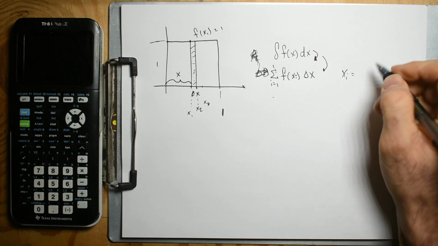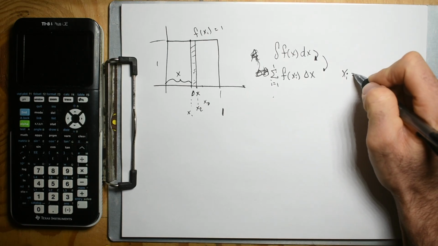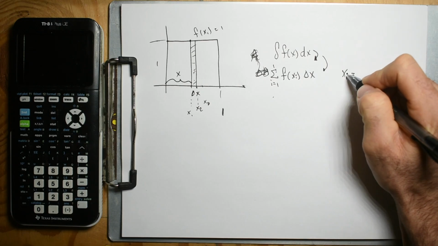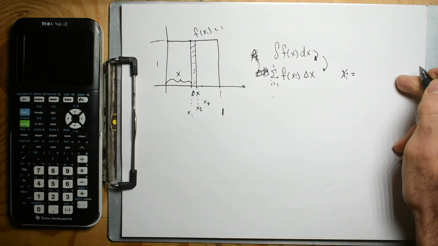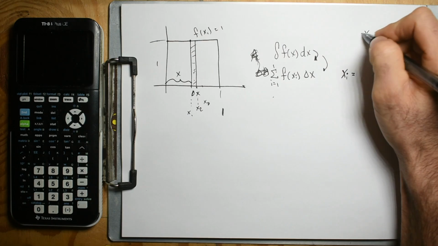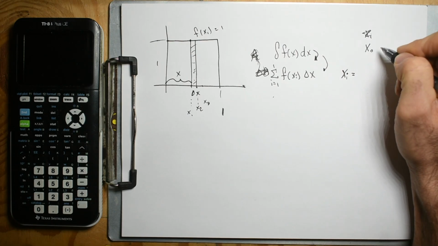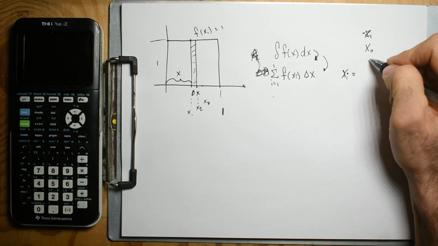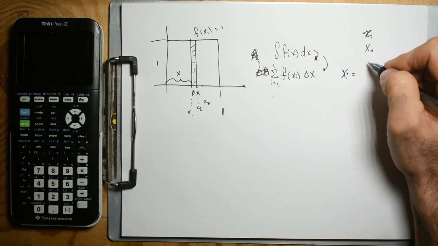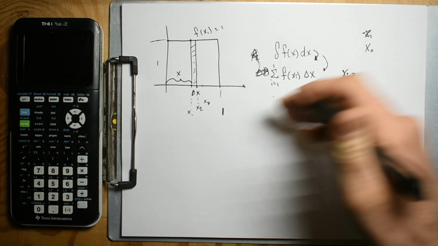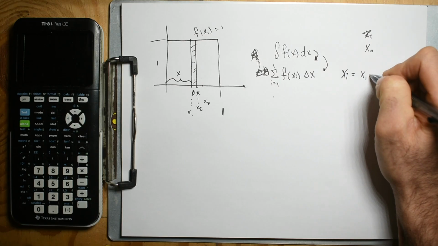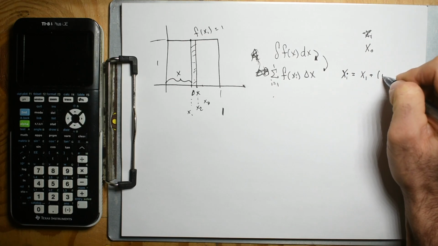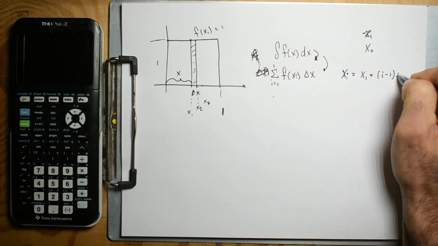We got our equation for xi. xi was some initial value of x, which, I can't use it xi, that would get confusing. I could call it x naught. That seems cool to me. Yeah, x1. Could I just call it x1? Could I have where xi is x1 plus I minus 1 delta x?